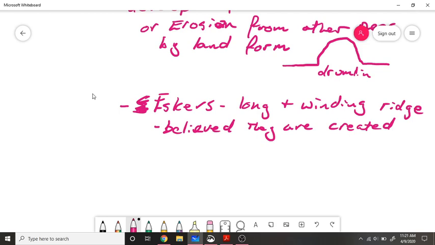And what you are seeing left behind is the shape. Imagine, how am I going to explain this? So they're created as water is melting underneath the glacier. It carves out a tunnel, and then because there is not ice above the ground where the tunnel has been carved out, the ground kind of rises up a little bit. So let me see if I can put that into words for you.